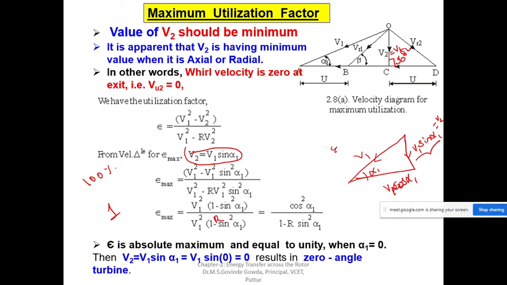Yes, sir. If I say something is 100%, then it is maximum. We are maximizing the thing. So 100% in terms of fraction, how can we write it? 1. So I am expressing it as 1. So epsilon is absolute maximum and equal to unity when alpha 1 equal to 0. Tell me what happened?